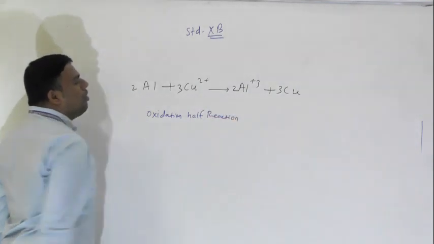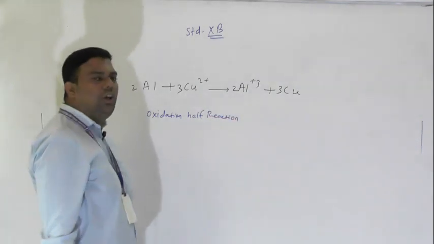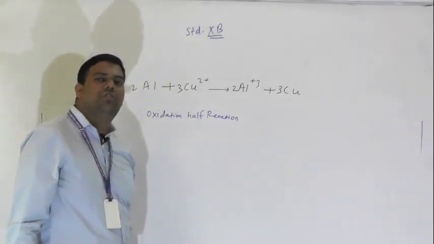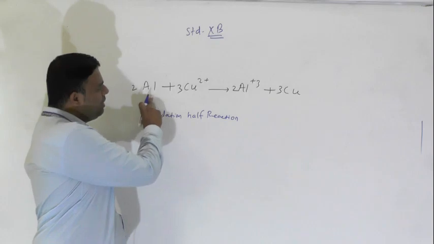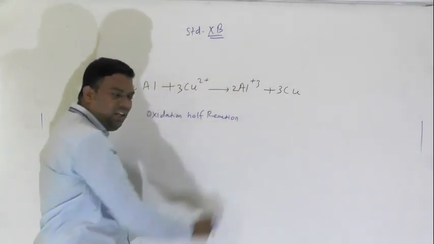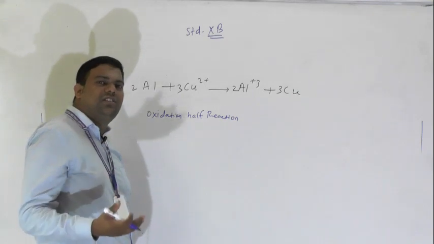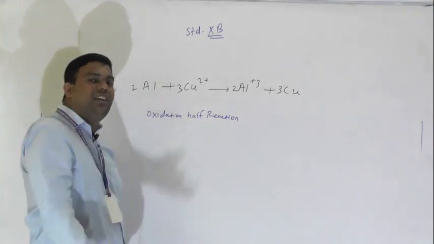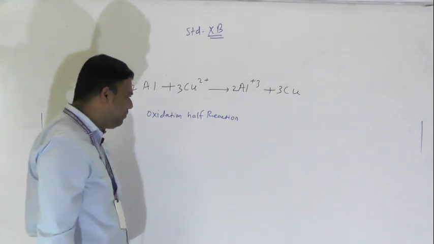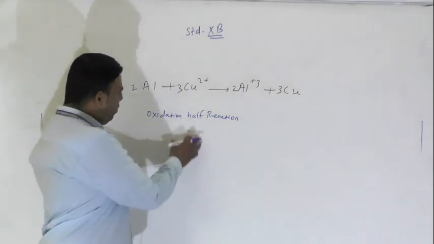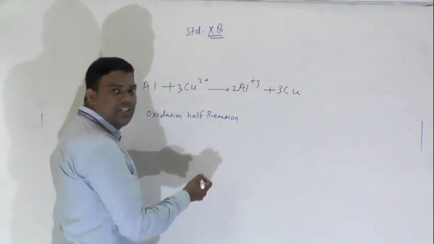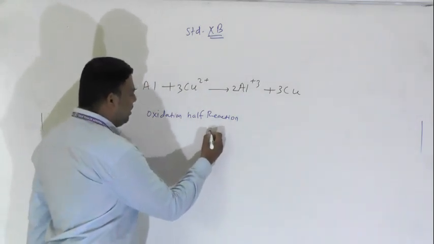In your oxidation half reaction, you can easily observe in which element oxidation will occur. So see this Al to Al3+, means here 0 to +3. So your oxidation number will increase. So increase in oxidation number is oxidation.